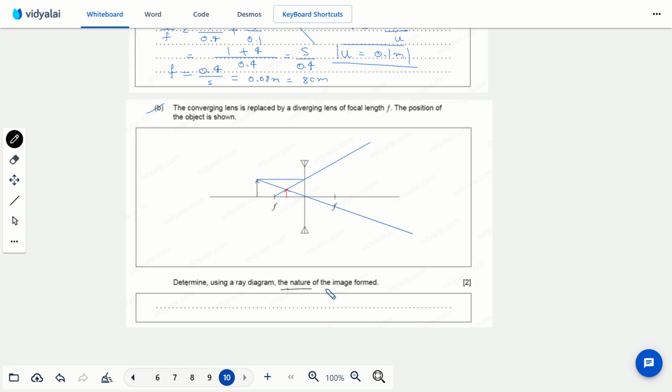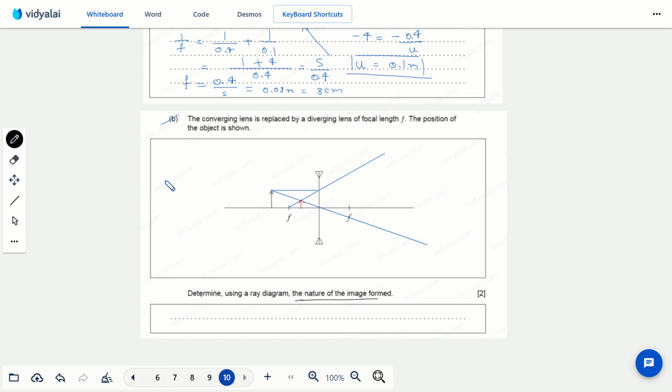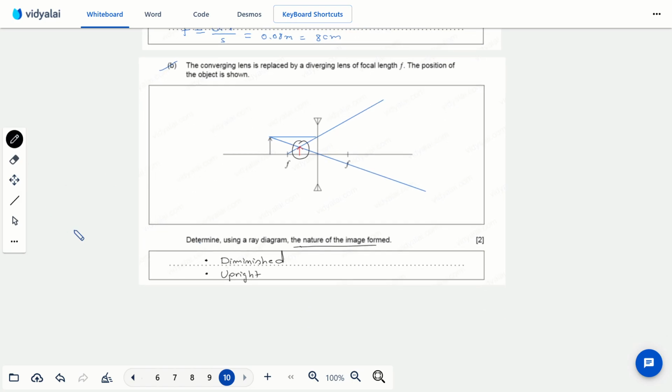So let's talk about the nature of the image that's formed. That is what's required in this part. The first one is that the size of the image is actually smaller than the size of the object, so it's diminished. And it's standing upright. It's not inverted.